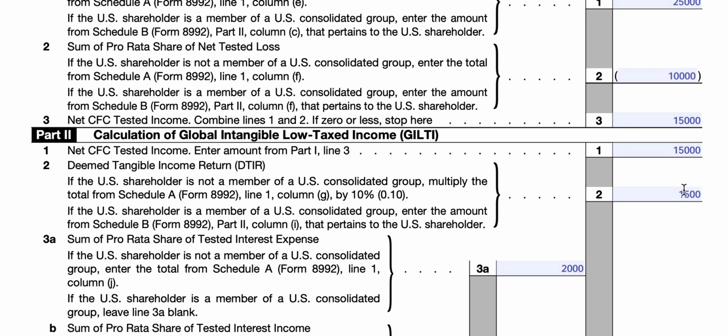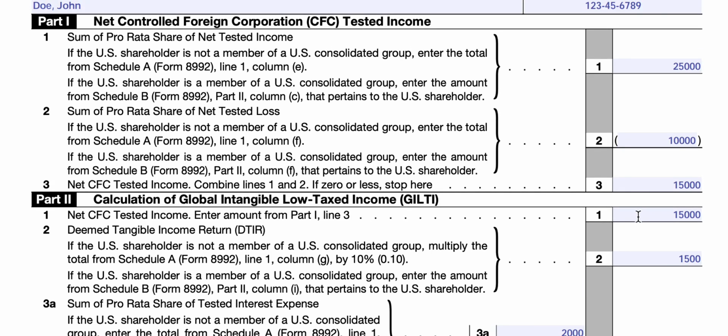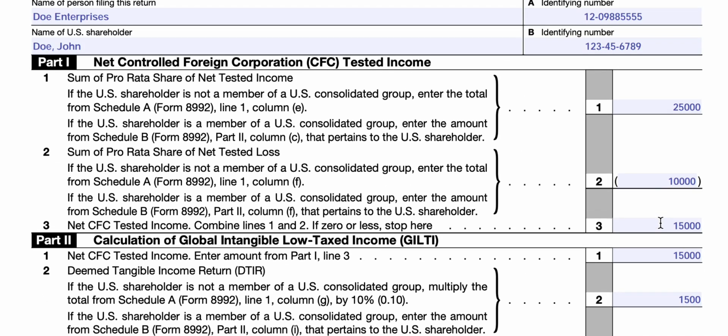Since this is a positive number, we'll go ahead and calculate information in Part 2. So we're going to bring down this line 3 number into line 1 of Part 2. And then we're going to calculate what is known as the deemed tangible income return, or DTIR. So for a shareholder who is not part of a consolidated group, you simply multiply the amount from line 1, column G by 10%.